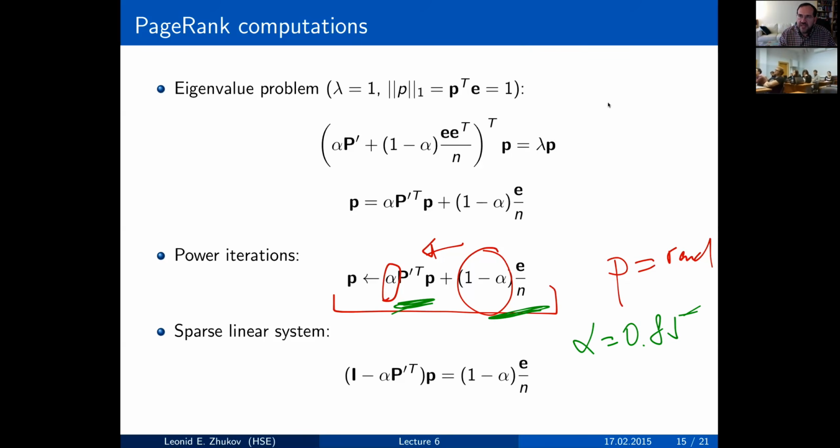You can also realize by looking at this that alpha as a parameter will control the convergence of the algorithm. Think about this for a second. Imagine that we decided to use alpha equal to 0, which means that we're not using the real links and we're only doing virtual links.